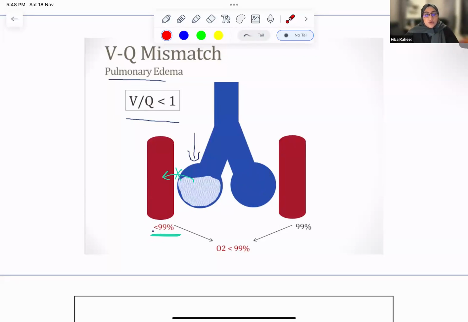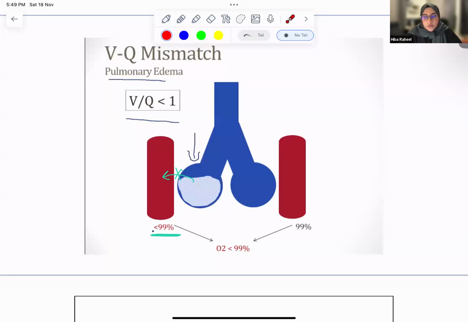Due to the reduced ventilation on the left side, the arterial blood is not well oxygenated. That means the right amount of oxygen will not be delivered to the cells, leading to hypoxia and eventually cell death.